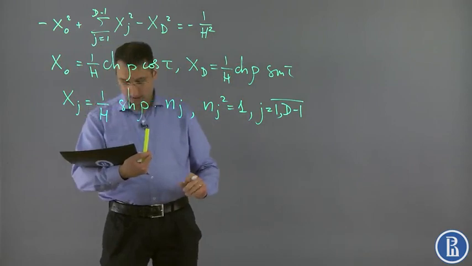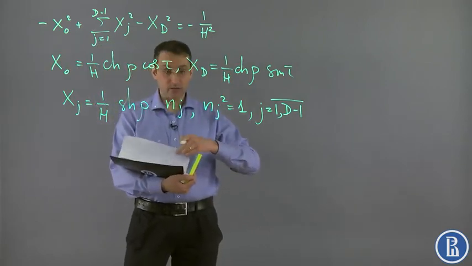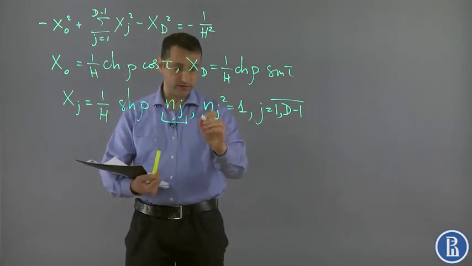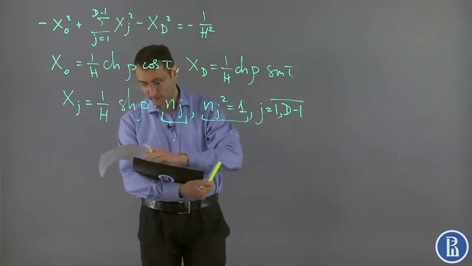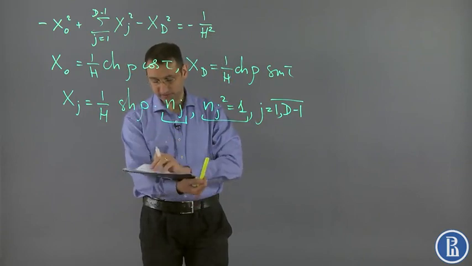This basically defines coordinates on a d minus 2 dimensional sphere.